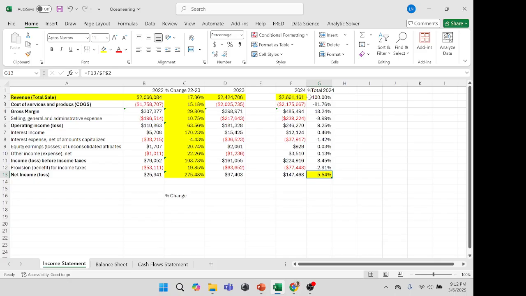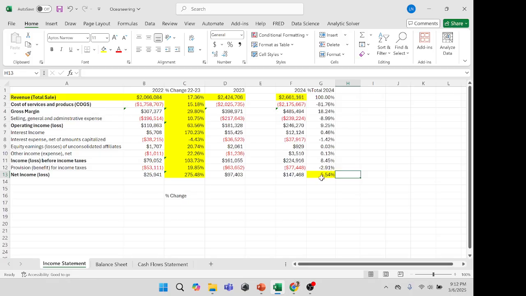Remember that you could find percentage total for every year, and you could do analysis on how that change means. But I usually would just do the percentage change for different years and do the percentage total for the last year. I don't want to overcomplicate myself.